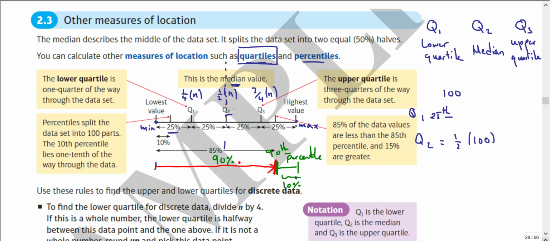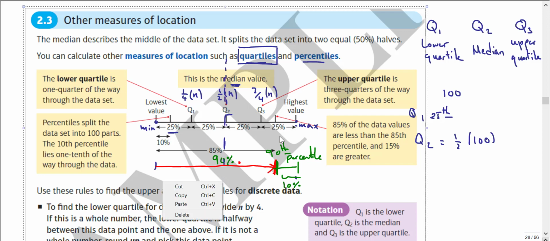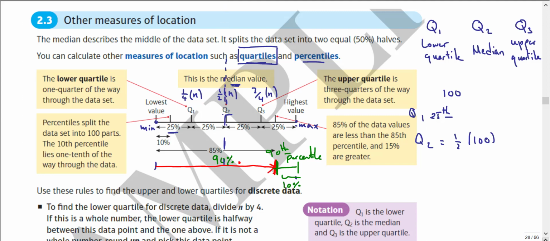Q1 actually is the median of the lower half. Q2, pay attention please, is exactly at the middle. Exactly in the middle, it means we have half the data to the left and half the data to the right. If we take the middle of the lower half, this is Q1, the median of the lower half.